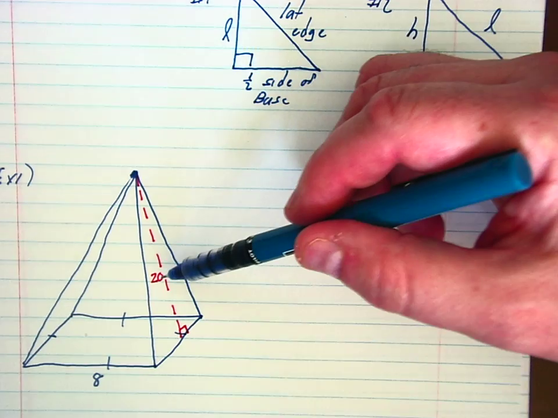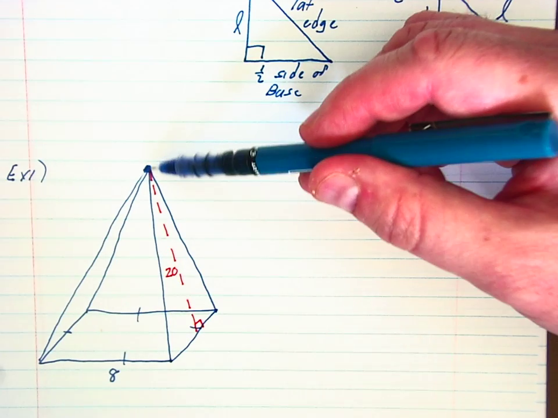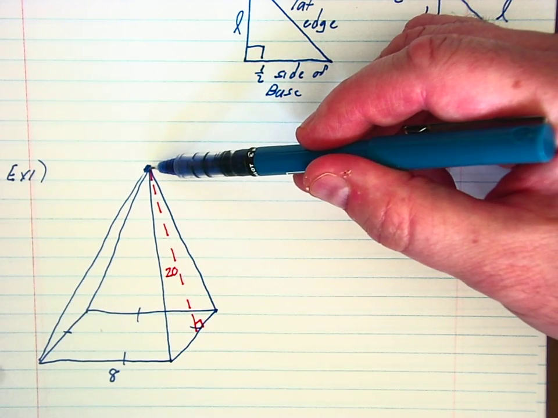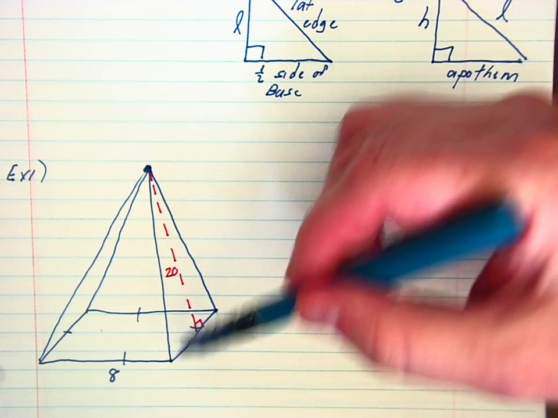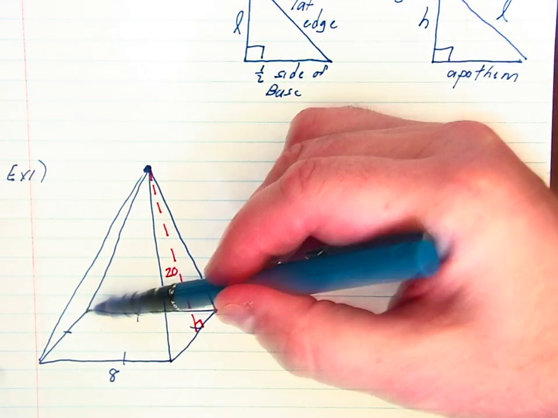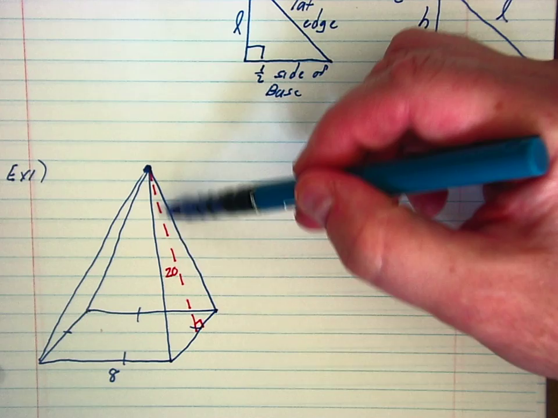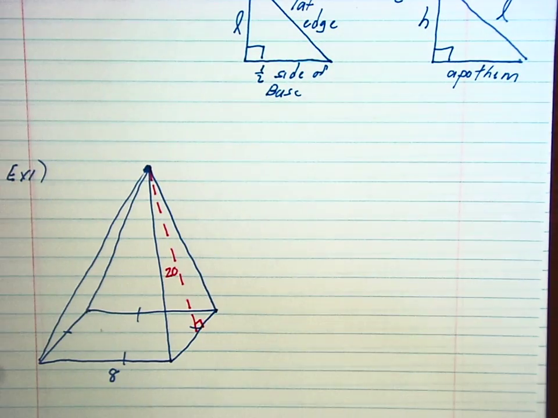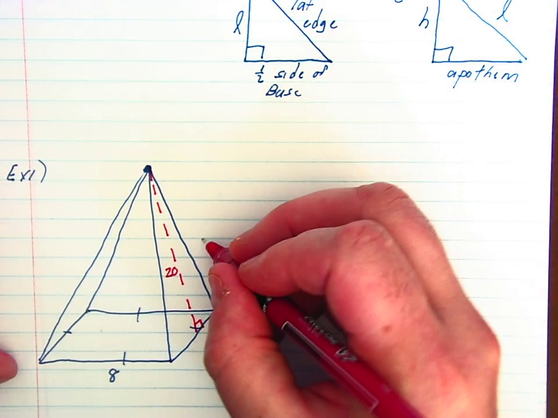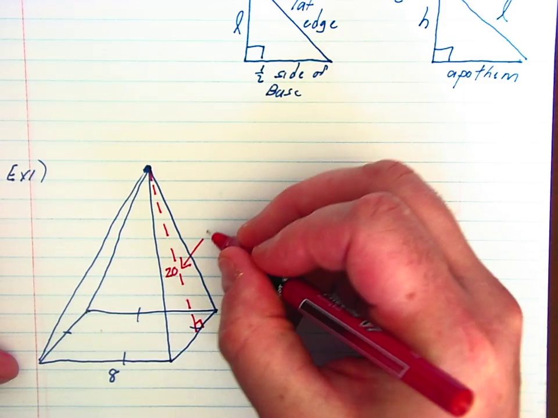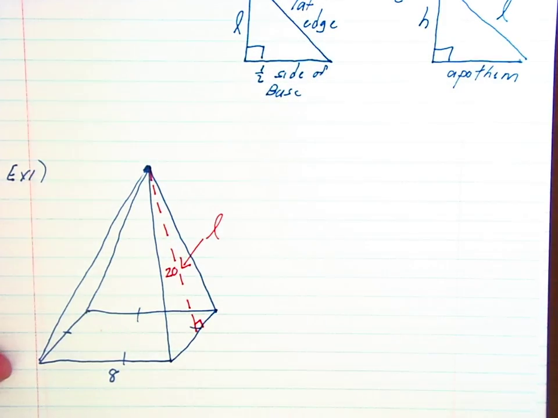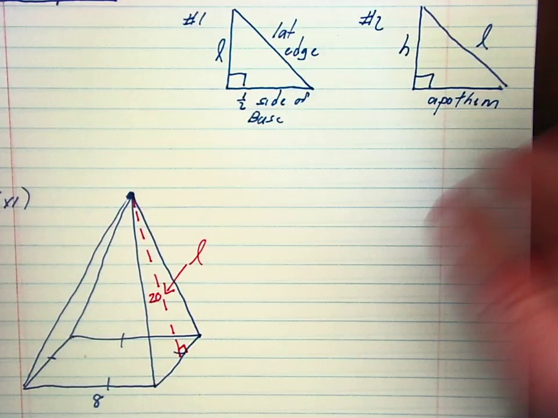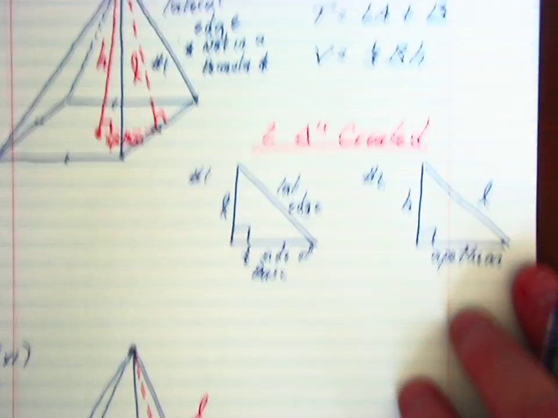Now look where it is. It's not one of the lateral edges, because I drew all the lateral edges in blue. They go from the top to the corner of each side of the base. So that doesn't do it. That goes down the middle. That 20 is your L. So you need to know that. 20 is L.